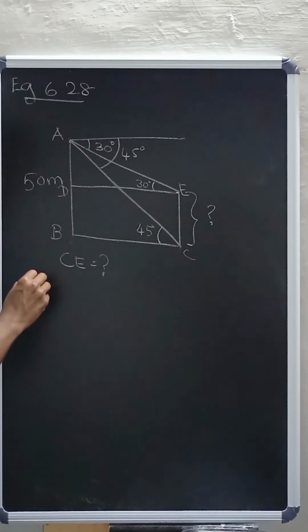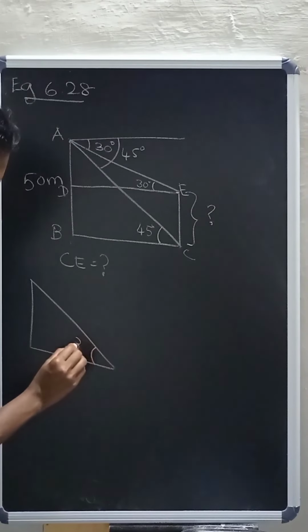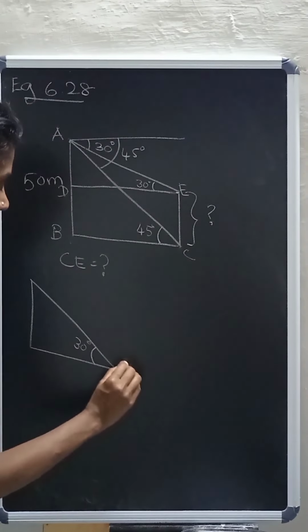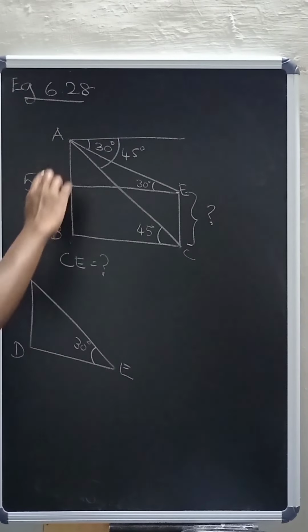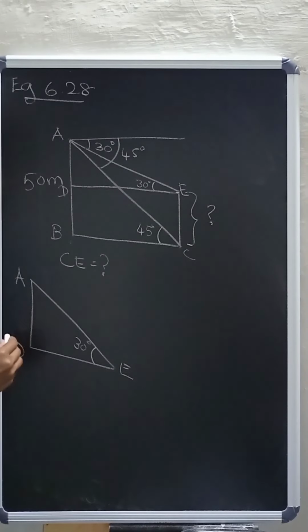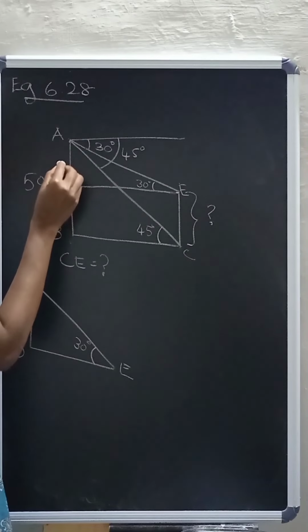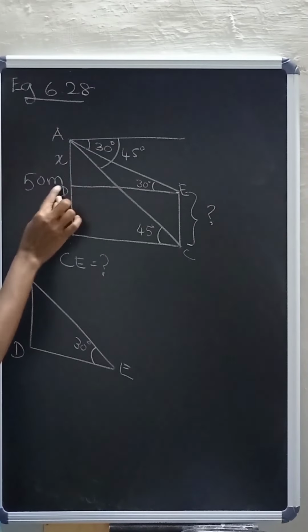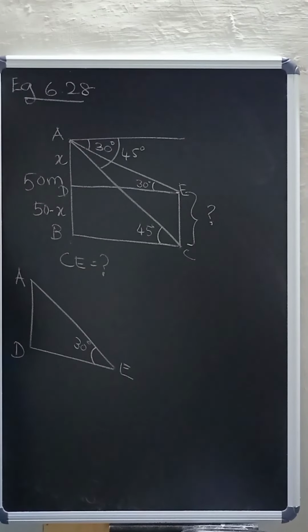Split it into two triangles. Take the 30 degrees, triangle ADE. The height of the tower is 50 meters. Let this be x, so this will be 50 minus x.